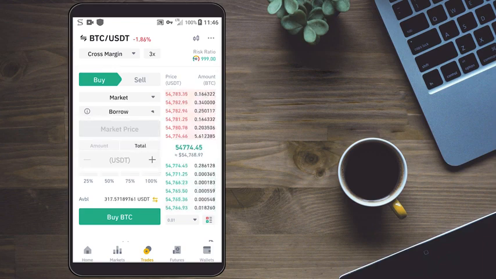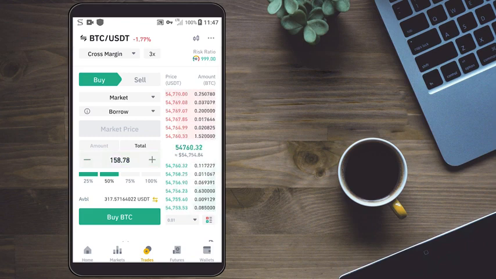Let's select the borrow. Here you see the available balance turned to 317 USDT. So now we have 317 USDT available to trade. Let's buy Bitcoin with half of our available USDT. So we are buying Bitcoin worth 158 USDT, as you can see shown here.